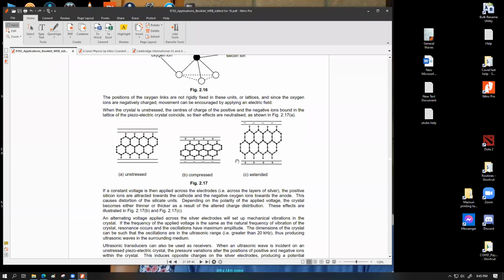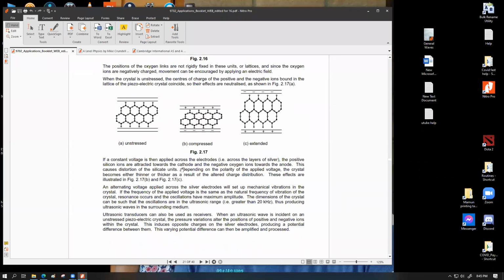So what I was discussing earlier is that if the crystal is physically made to undergo compression or rarefaction, it will give us a voltage. Vice versa, if we apply a voltage, this crystal will react to that voltage and eventually become compressed or extended.